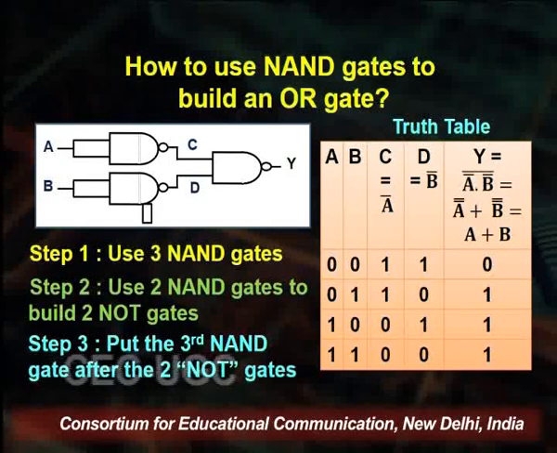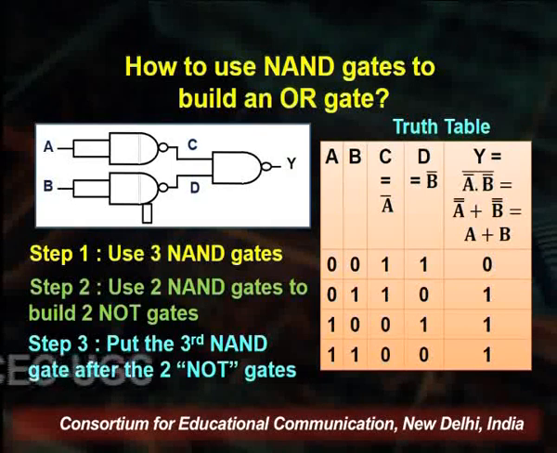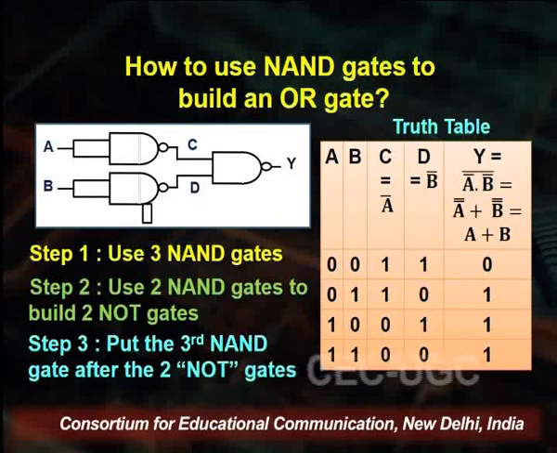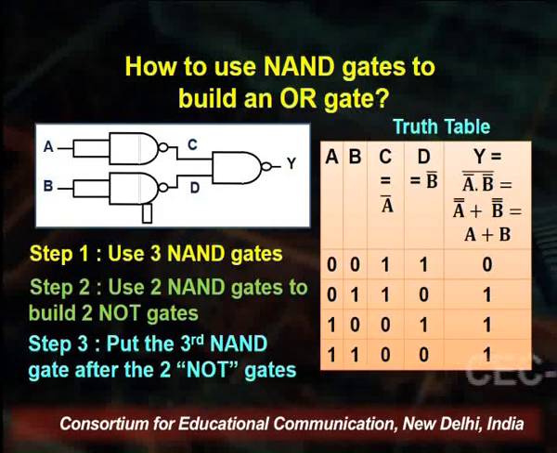When A is 1 and B is 0, Y is equal to 1. When A is 1 and B is 1, Y is again equal to 1. Now, this is typically the truth table of a 2 input OR gate, and we can see that NAND gates could be used to mimic the functioning of an OR gate, right.